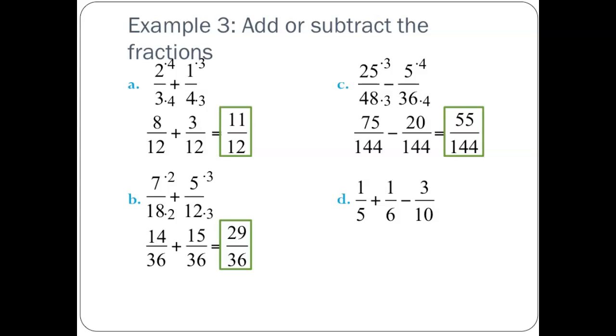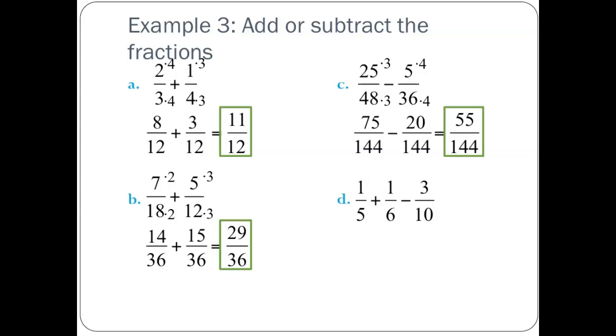Okay, this last one has 3 fractions, so we're going to start with the same process. Take the largest denominator, which is 10, and I'm going to find multiples of 10 and see whether or not 5 and 6 will go evenly into that multiple.